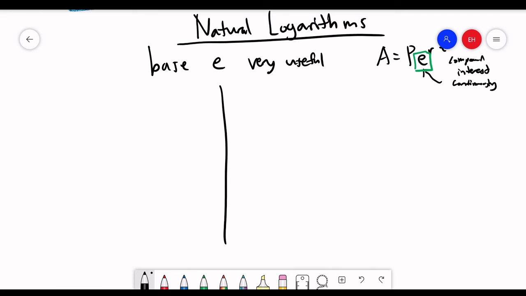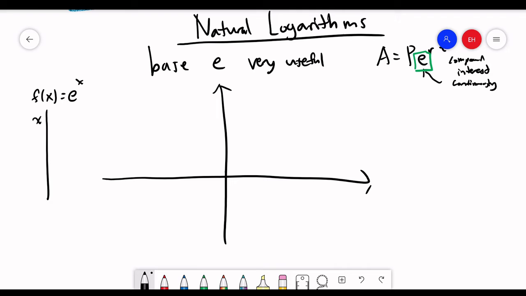So let's take a look at that graph real quick. We'll just find a couple points. We try to graph e to the x, so we pick a few easy points. When x is 0, e to the 0 power is 1. When x is 1, out comes e, and we put in 2, out comes e squared. Put in negative 1, get 1 over e. Put in negative 2, get 1 over e squared.